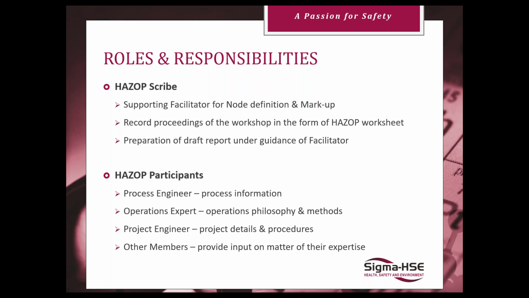Process engineers are there to talk about the process information. Operations experts are there for the philosophy of operation. What methods are used? Project engineer, details and procedures for the implementation of that specific project. And then other members, what is their cornerstone of expertise?